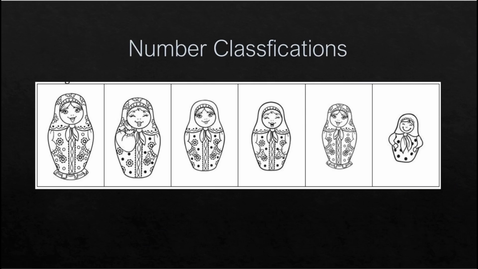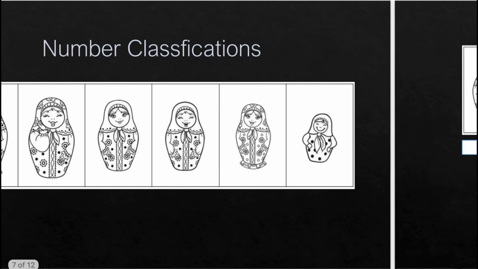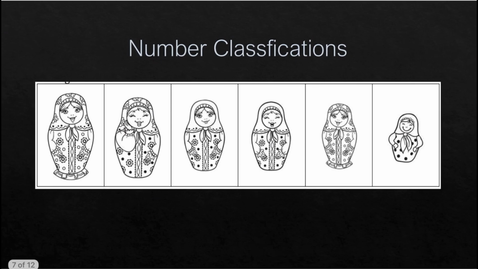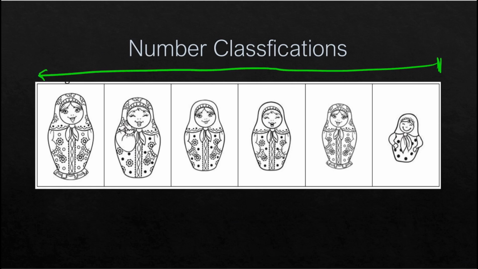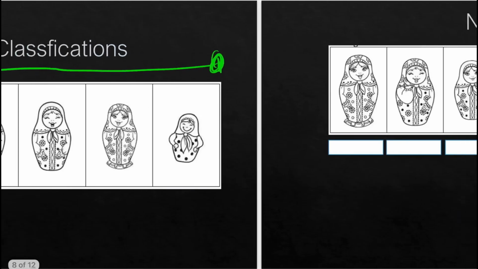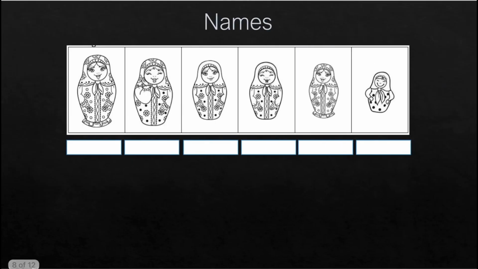One way to think about the way that these numbers work is by maybe thinking of like a Russian nesting doll. So we're going to start at this side actually, and we're going to work our way up all the way here. So this is the smallest part over here on this side, and then this is the biggest classifications on this side. So first we're going to just start out with the names. So let me change it to a black pen here.